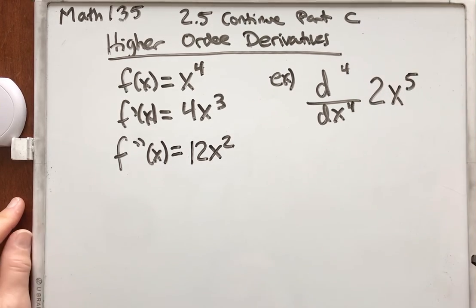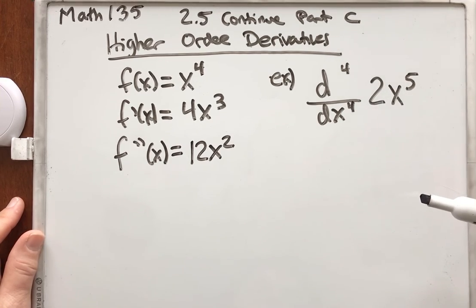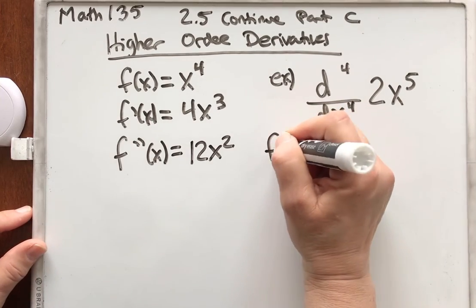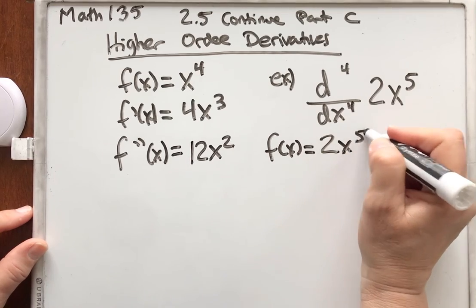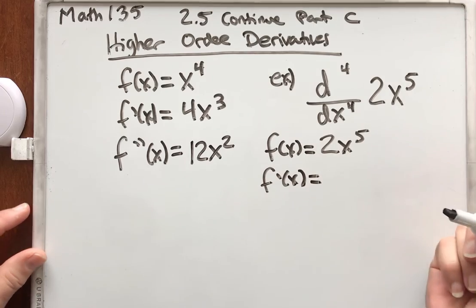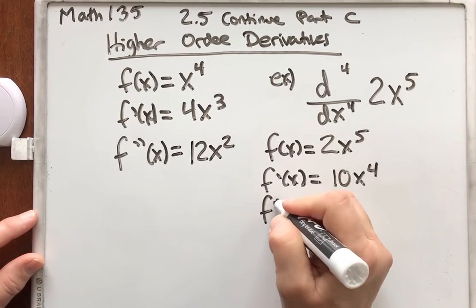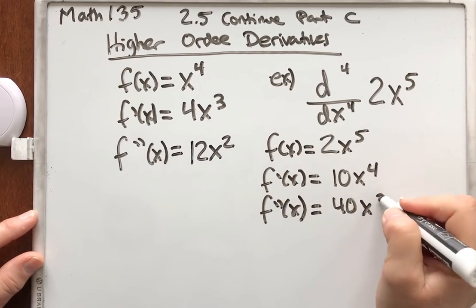So here's a question. We're going to find the fourth derivative of 2x to the fifth. If you want to rewrite this so you understand a little better, we're going to say f of x is 2x to the fifth. So we're going to do f prime of x. That's the first derivative, which is 10x to the fourth. Then we're going to find the second derivative, which is 40x cubed.